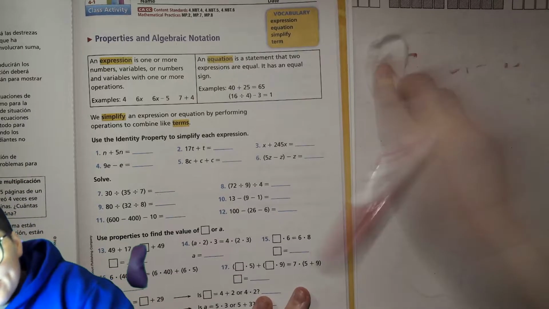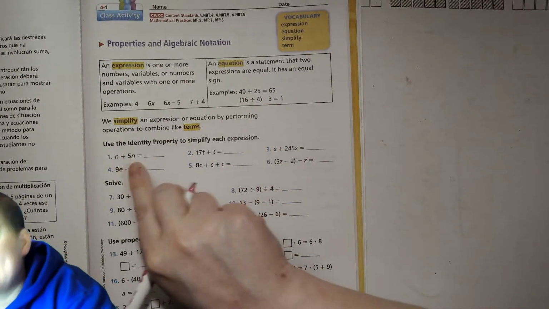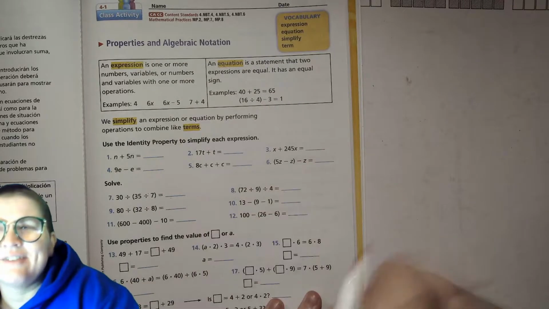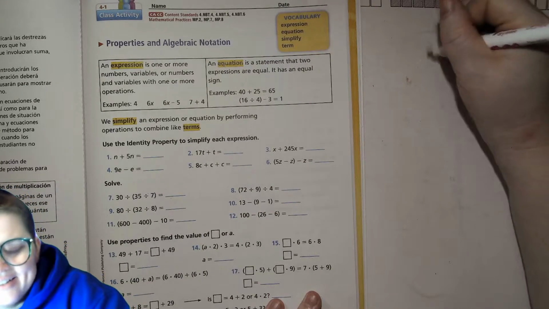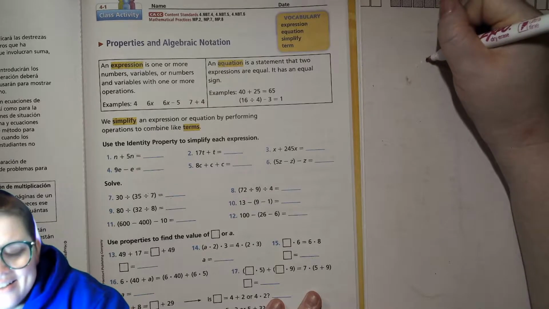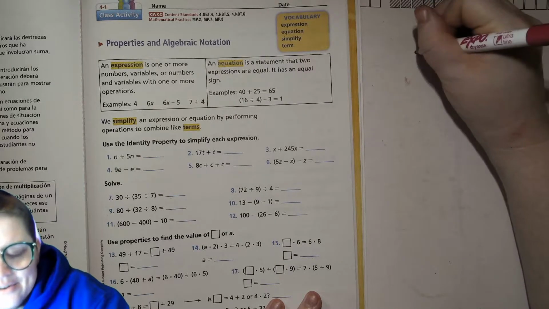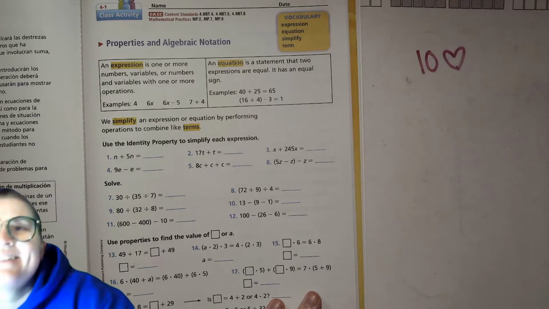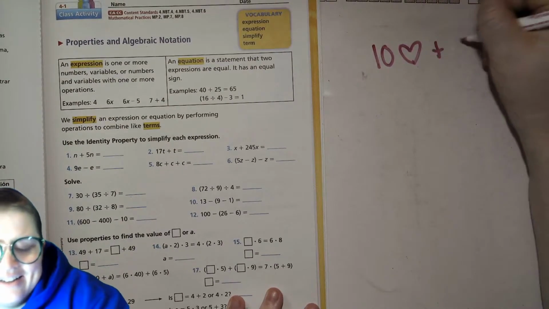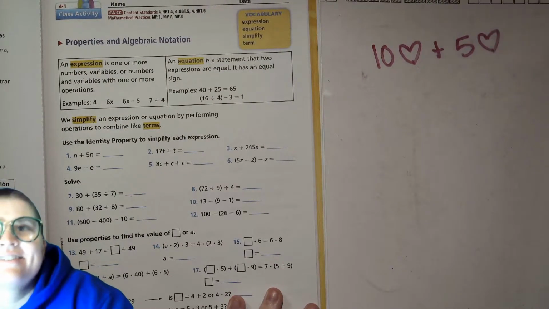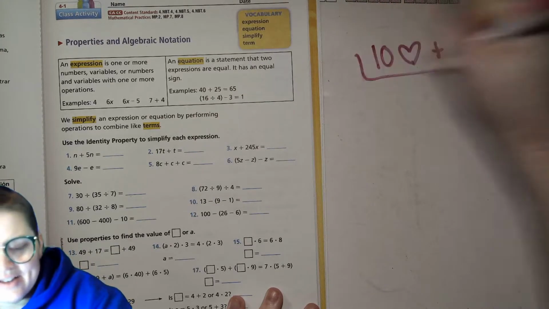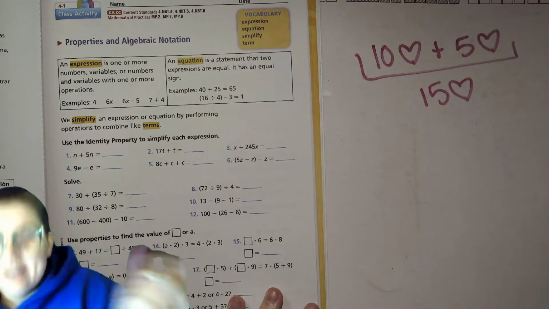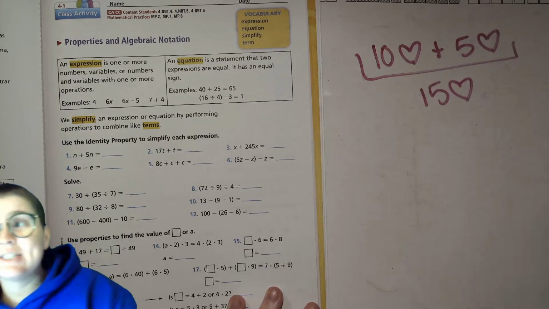And you can also do that with things that are attached to a variable. So if you have, forget the letters for now, let's say we have 10 hearts and you add 5 hearts. What do you have? You can simplify that and you have 15 hearts. Now what if instead of the shape heart, it was just the letter H?